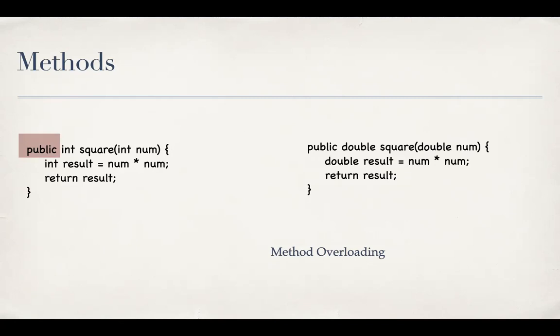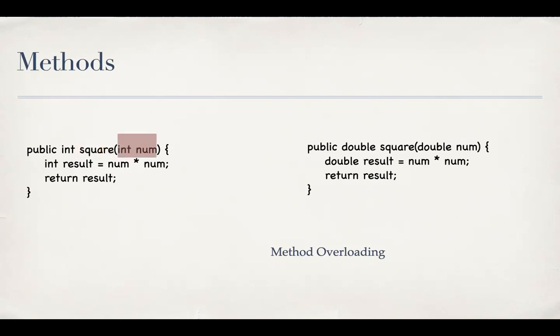It means this method can be called from outside the class in which it is defined. Int here is the return type. It can be any type in Java, including void, which means the method is not supposed to return a value. Square here is the name of the method, and you will use that to invoke the method.